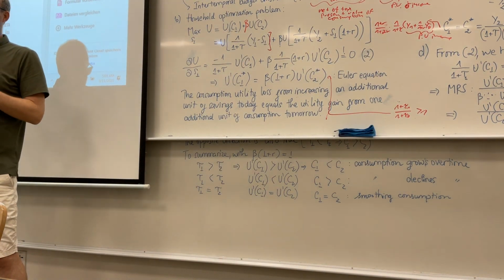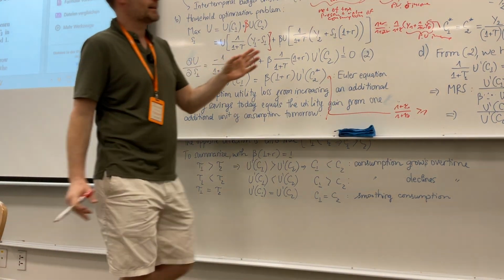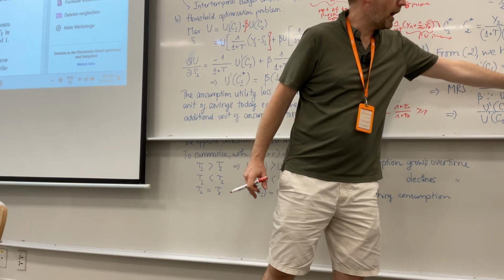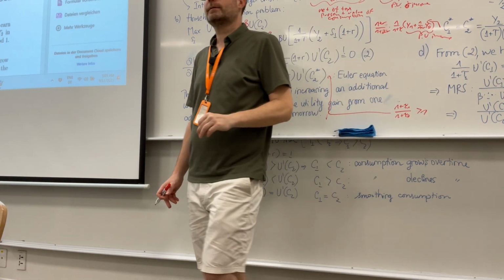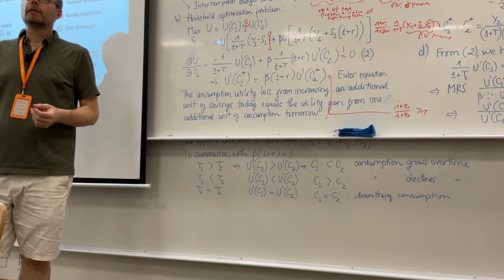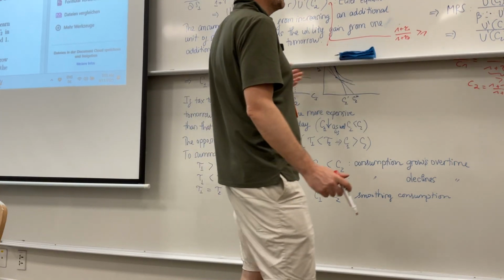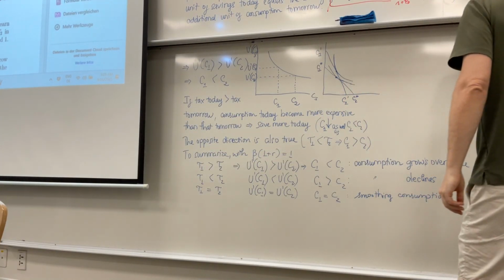Would that make a difference if we have a tax that has like a tau 1 on Y1 and tau 2 on Y2? So what if, just try to think for a second, outside the box.